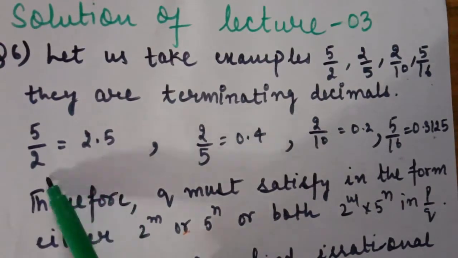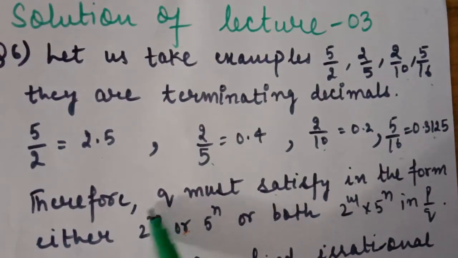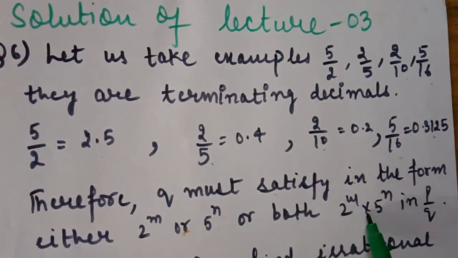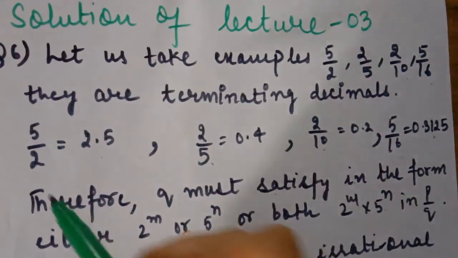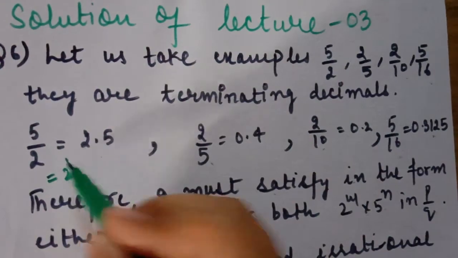Now you can see easily that q must be of the form 2 power m or 5 power n. It means it may be 2 power something, or 5 power something, or both multiplied together in the p upon q form. If you are not understanding, then please see. Here we have 2 power 1.